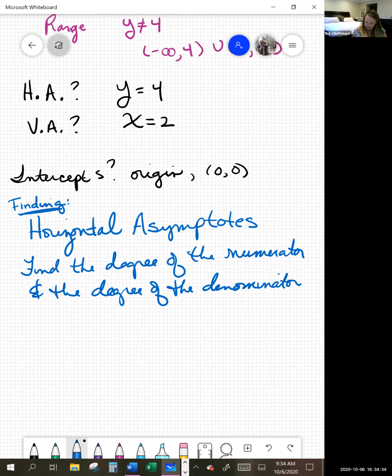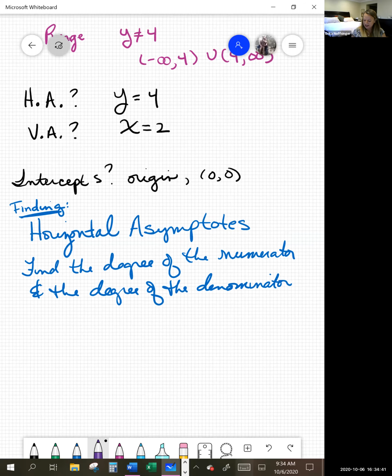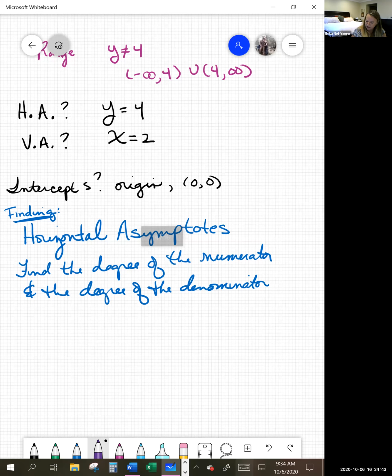Let's say we found that the degree of the numerator was m and the degree of the denominator was n.